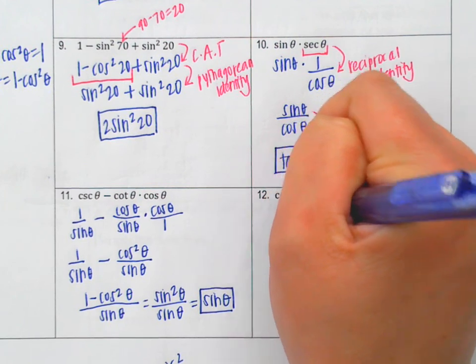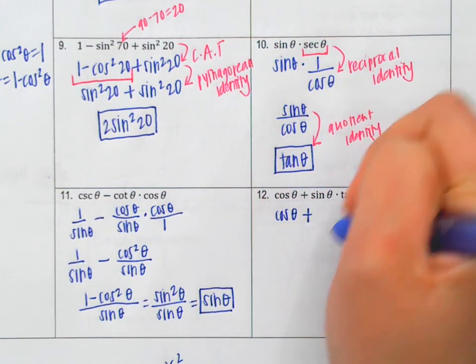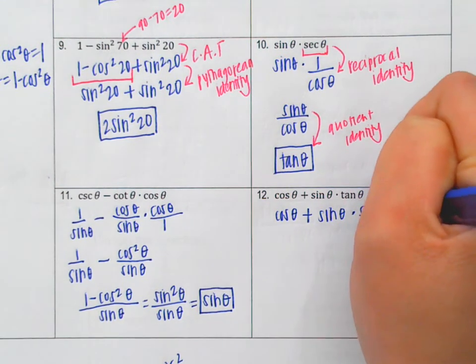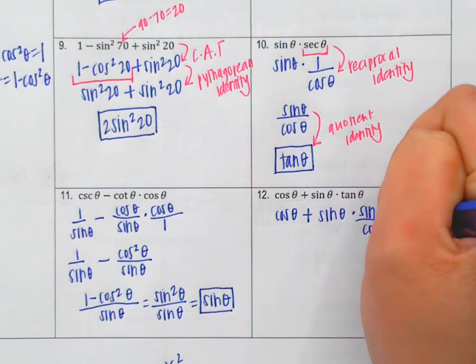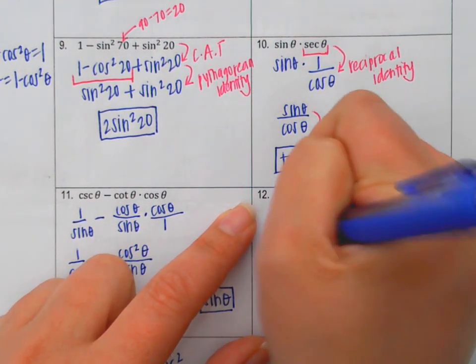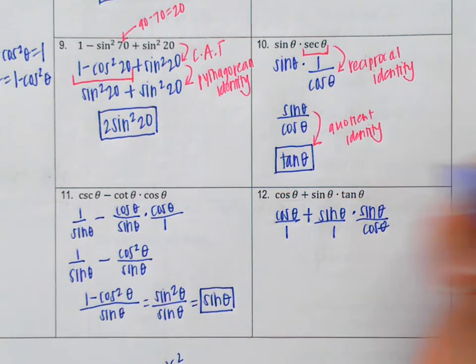So cosine theta plus sine theta, none of these need to change, but tangent is going to be sine theta over cosine theta, and then I'm going to put this over 1. I'm also just going to, since we're dealing with fractions here, write that one as 1 over 1 too.